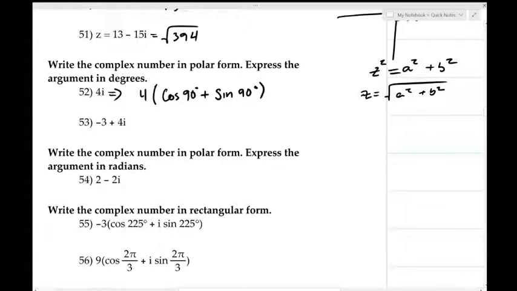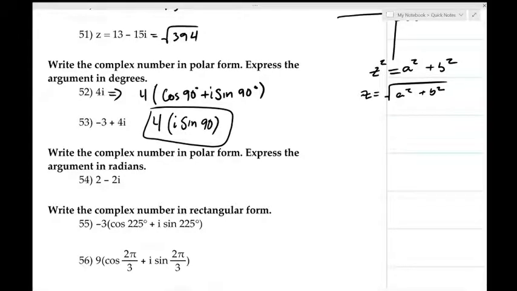And when it simplifies, we just get 4 times sine of 90, which is 1, and it just gives us 4. But in order to leave it in polar form, we just keep it with the sine there, without evaluating. And remember, sine has the i that goes with it. I should have said that from the beginning. Cosine is the real component, and then sine gets the i, or the imaginary component that goes with it, okay?